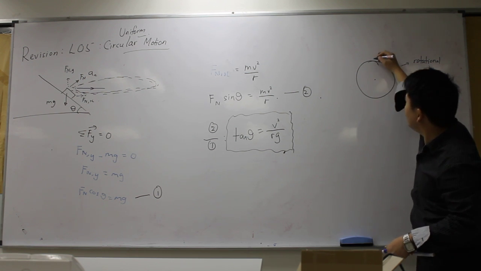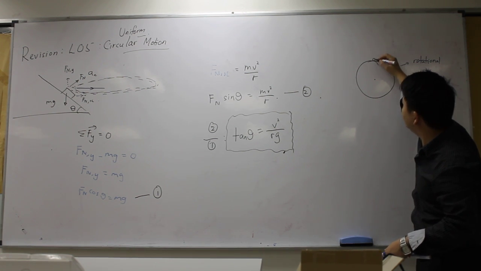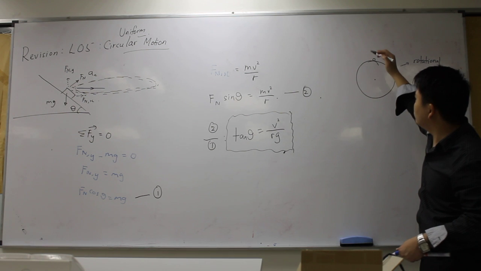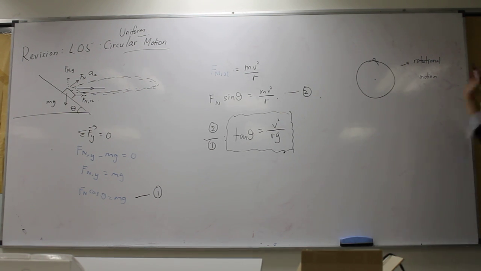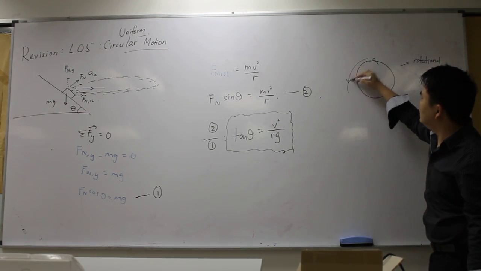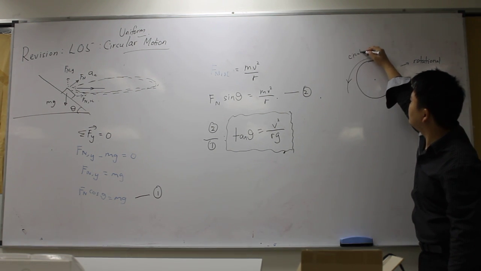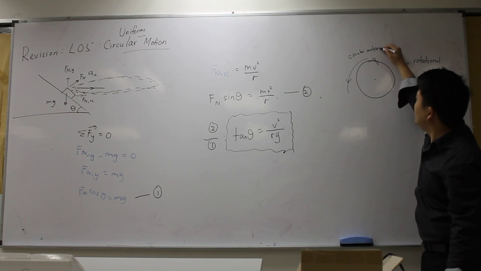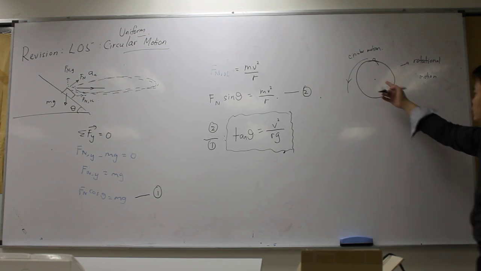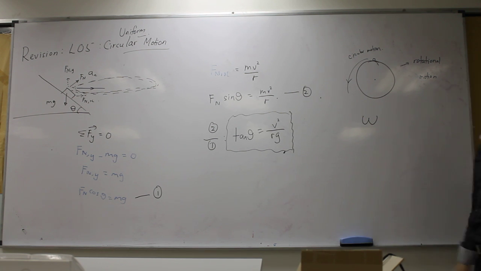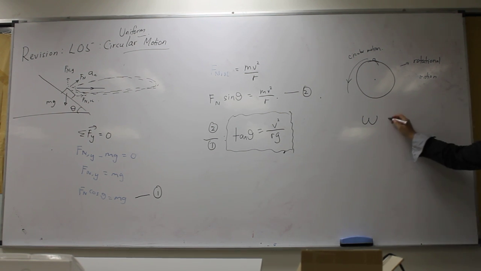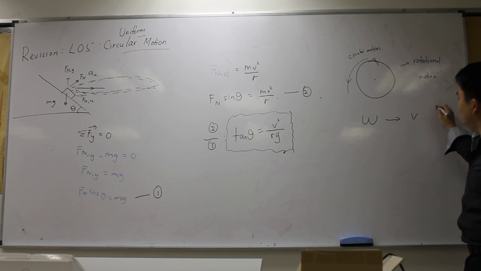On the other hand, if there is something here, stuck to the surface or the ground, then it experiences a circular motion. Therefore, if this object is rotating at a fixed omega, angular velocity, hence the v is also fixed.